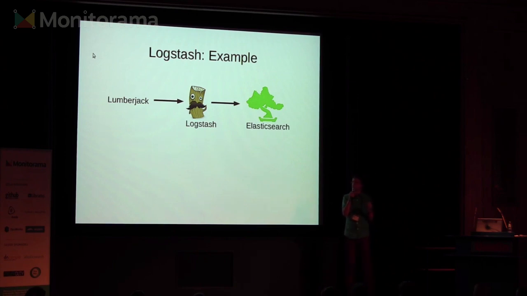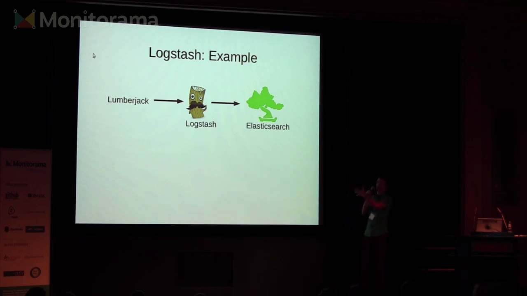Lumberjack is a small tool that's written by Jordan Sissel, the guy who also did Logstash. And it's really tiny. It can tail files and listen to standard input. And it can forward those messages to Logstash over its own protocol, which is reliable, as in application level acknowledgement, and encrypted. And then you can have Logstash parse those messages and send them over to Elasticsearch.